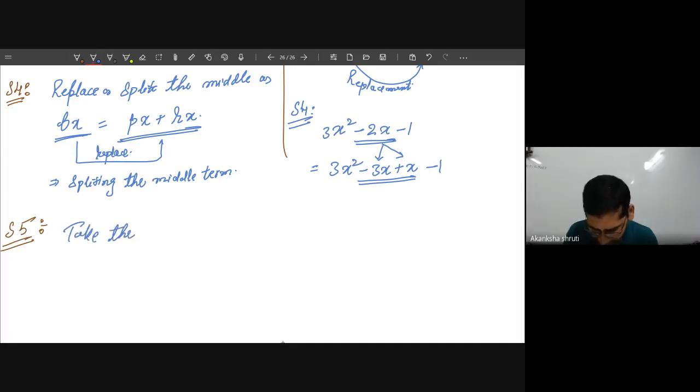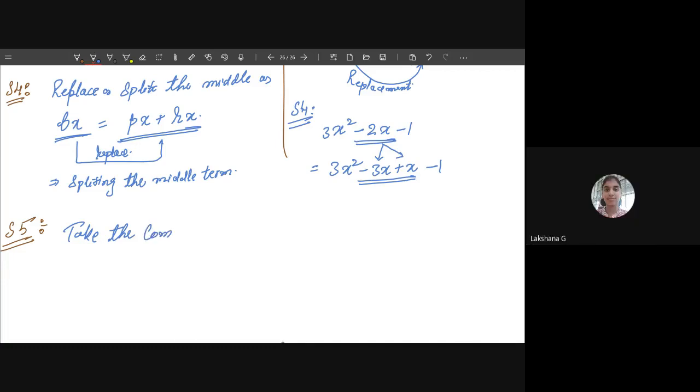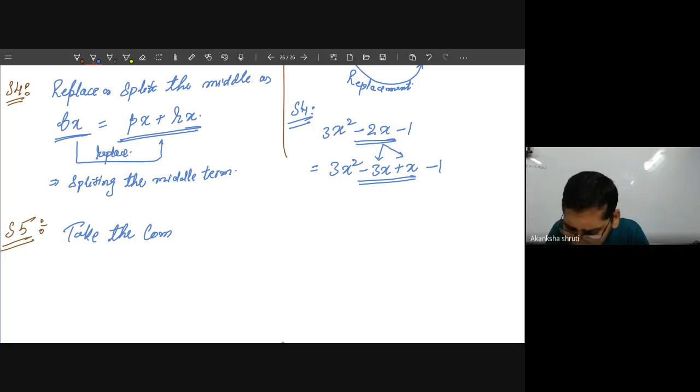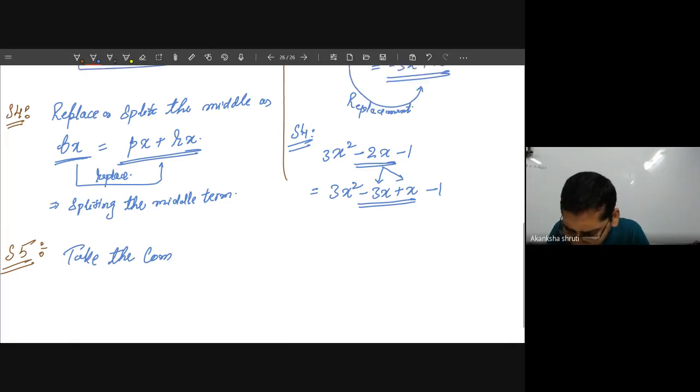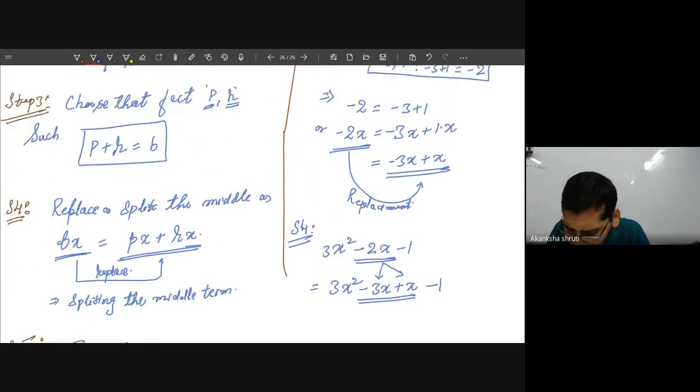Sir, yes, that 3x square minus 3x plus x minus 1 you have written, sir, but 2x is equal to 3x minus x, sir. It is minus 2x. Student, I have explained that one here. No, you shall not use 2x. You have to replace this minus 2x. आप जरा यहाँ देखिए राइट हैंड साइड में, देखिए हमने यहाँ पे क्या किए हैं स्टूडेंट.